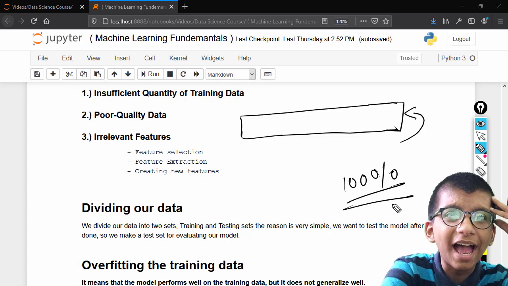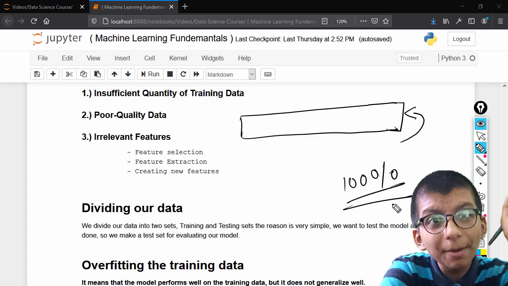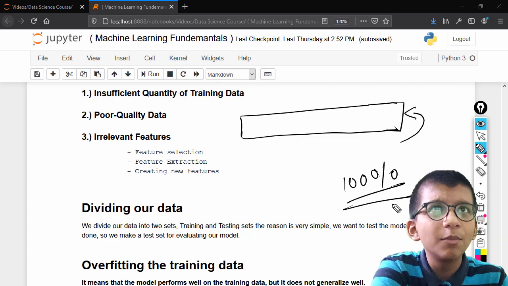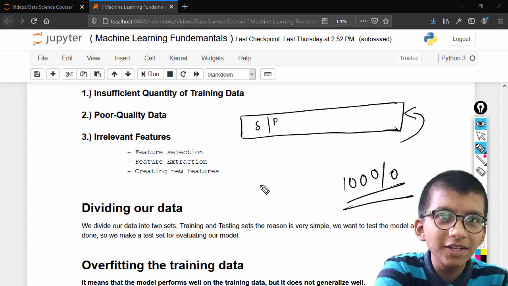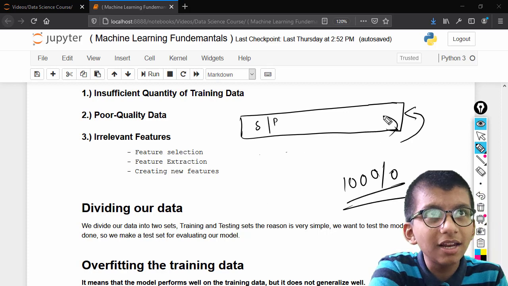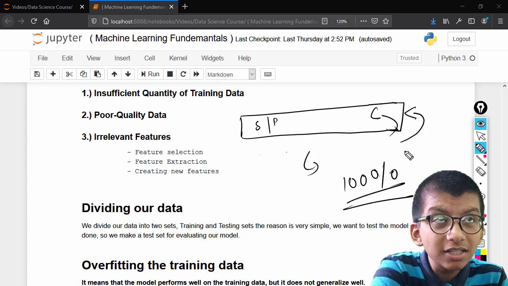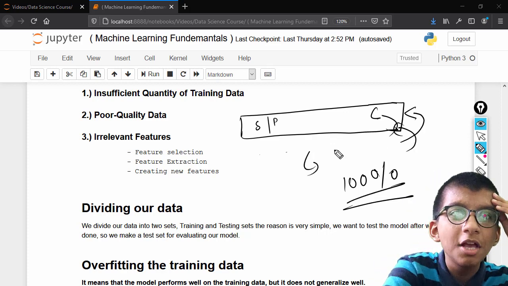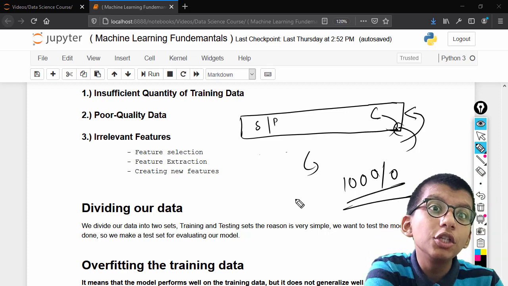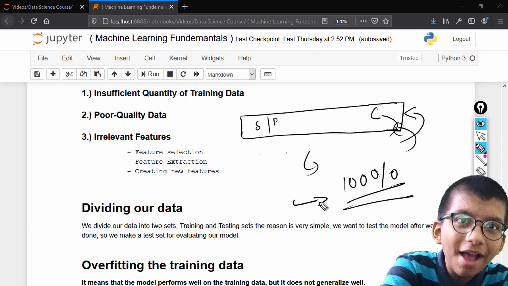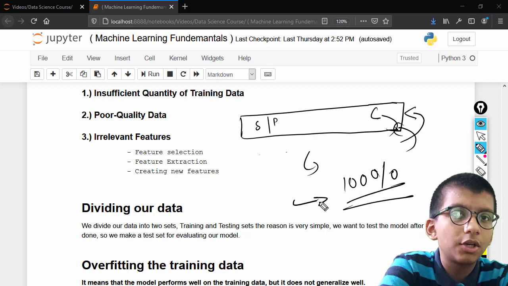But the thing is that this model learned from this data and is making predictions on the same data. We were given the size and the price both, and we trained the model on this. We want new examples, but it is predicting on these same examples, so the 100% means nothing. We have to give new examples and check whether this model is accurate or not.